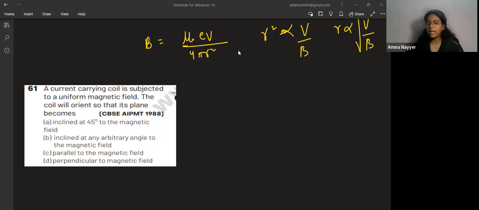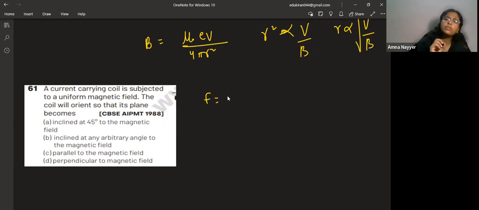Sine theta, we put it as 0. See, this says that the current carrying coil is subject to a uniform magnetic field. The coil will orient so that its plane becomes parallel to the magnetic field, because the magnetic force will then only be 0.